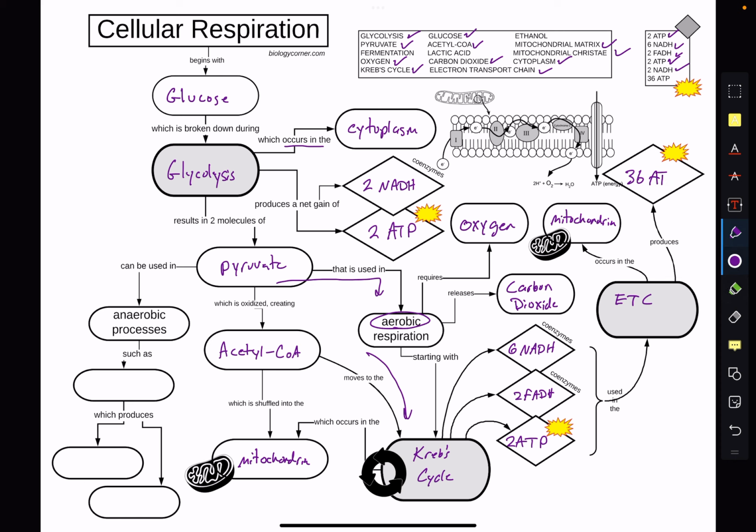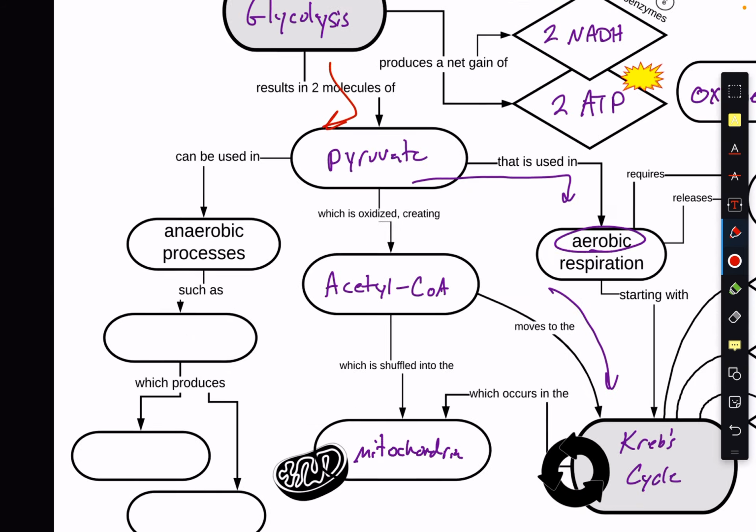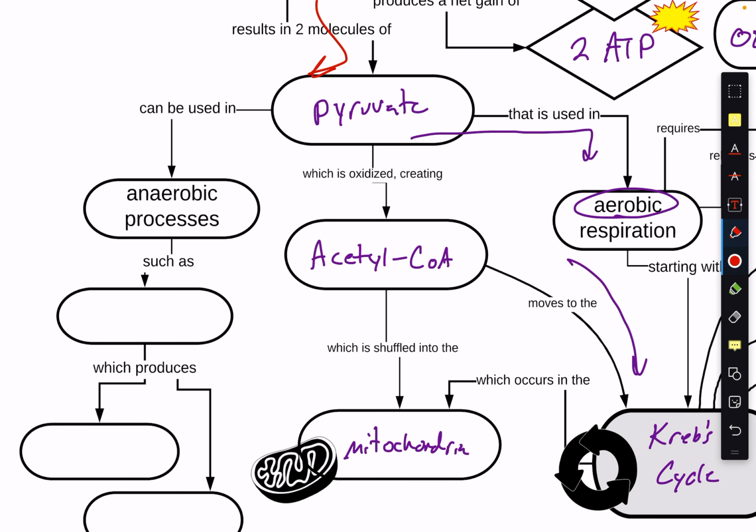Now we can go look at the anaerobic pathway. If we did glycolysis and we made our pyruvate, instead of going through aerobic respiration, we could go through anaerobic respiration. And we generally call that the process of something like fermentation.